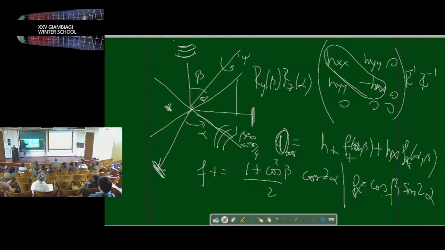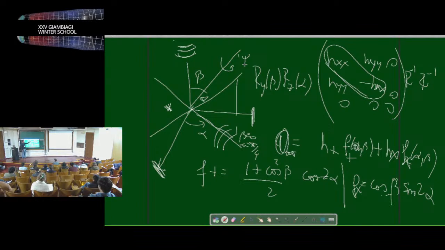It denotes rotation in the plane orthogonal to the direction of propagation, so the psi angle exactly mixes the two polarizations, h plus and h cross.